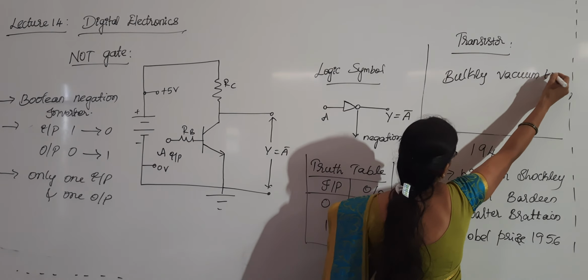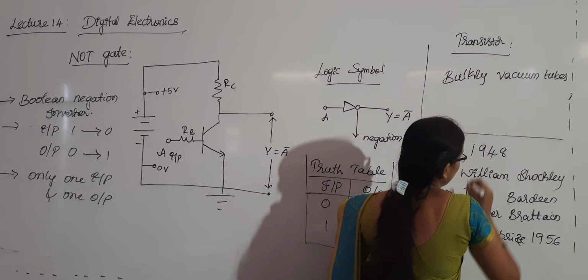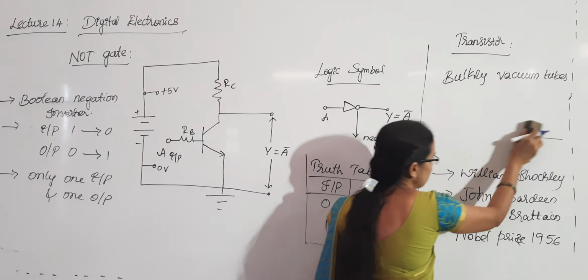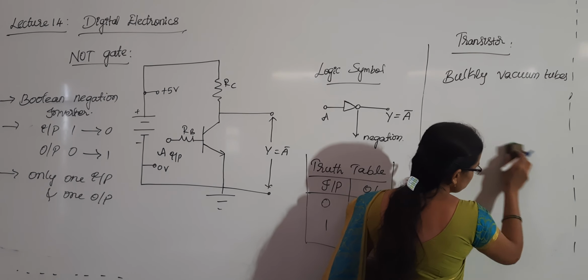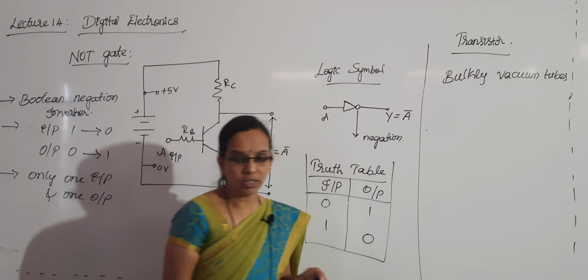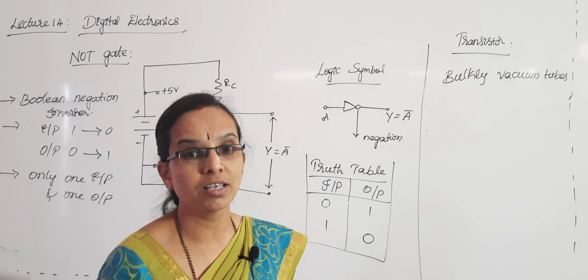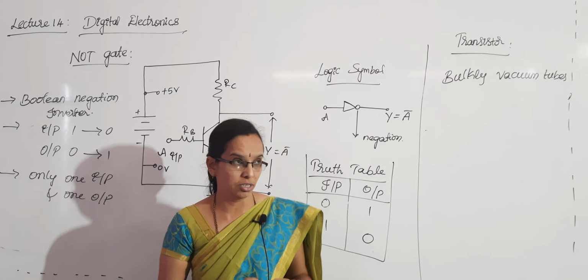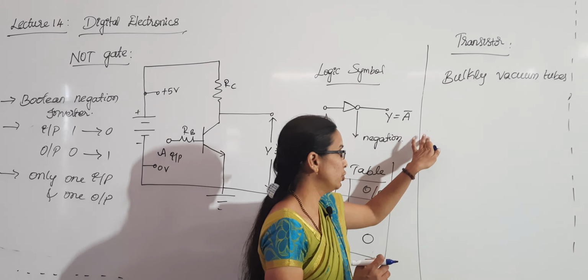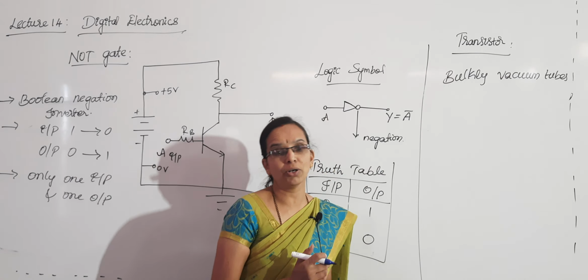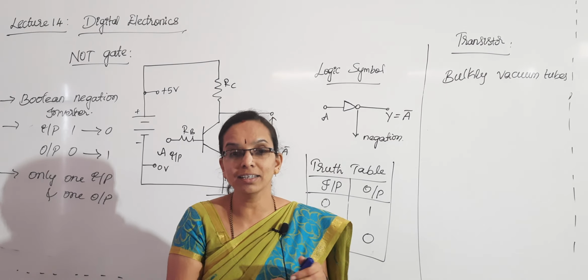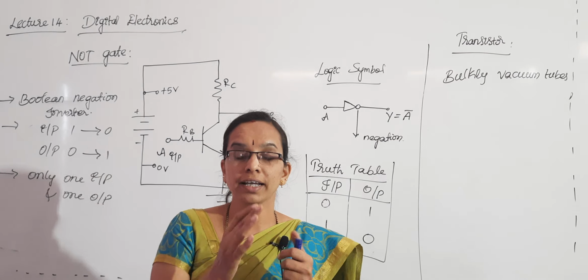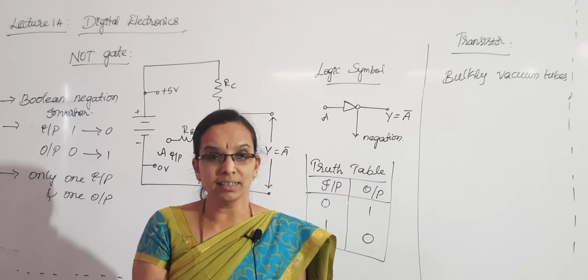We have already discussed what vacuum tubes are. Vacuum tube triodes and diodes were used before the invention of semiconductor technology. There they used to heat the filament or electrodes, and the electrodes used to liberate the electrons.